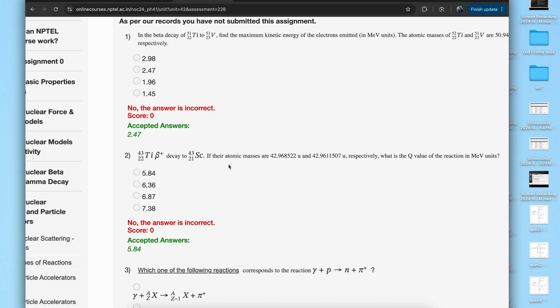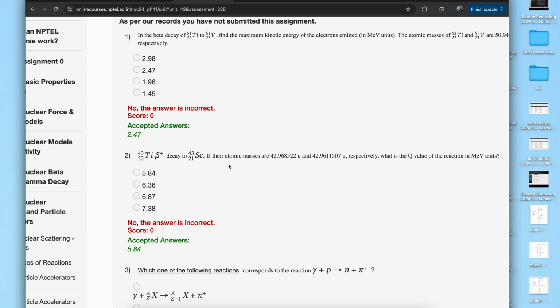Suppose I write capital M as the atomic mass. So what is the atomic mass? It is Z times mp, plus (A minus Z) times mn, plus Z times the electron mass, since the number of protons and electrons should be equal for a stable atom.